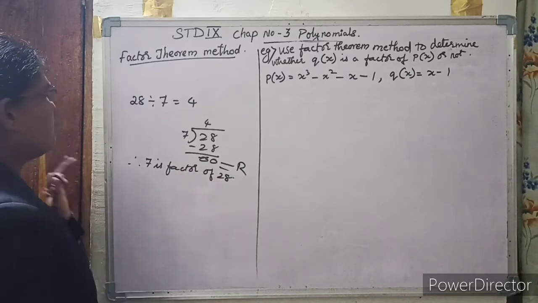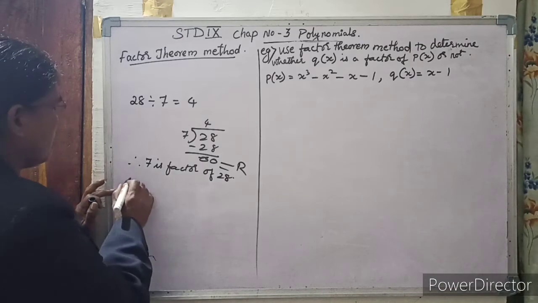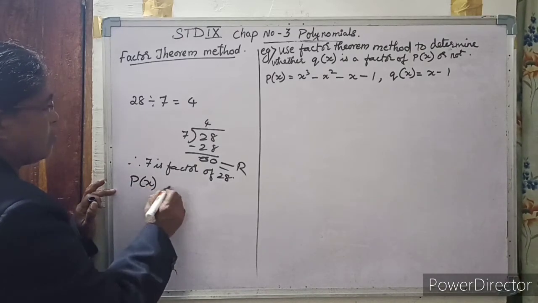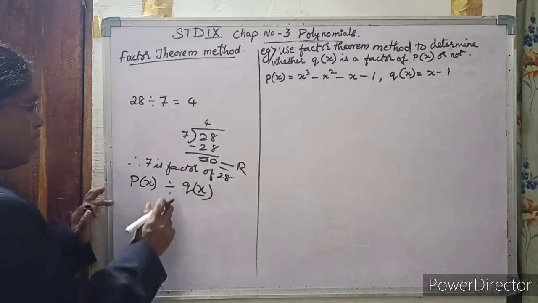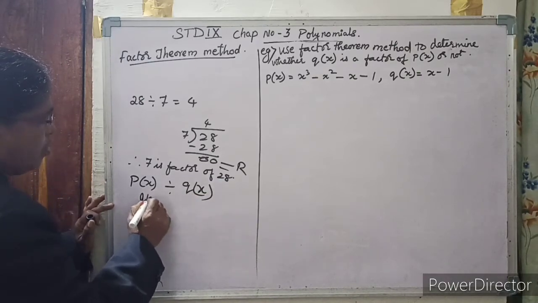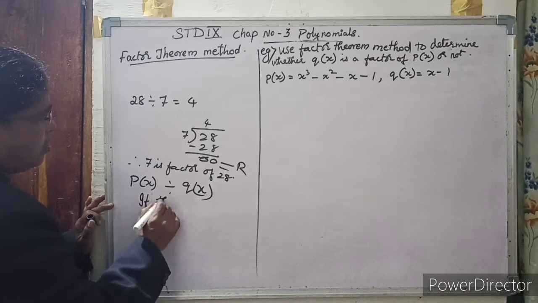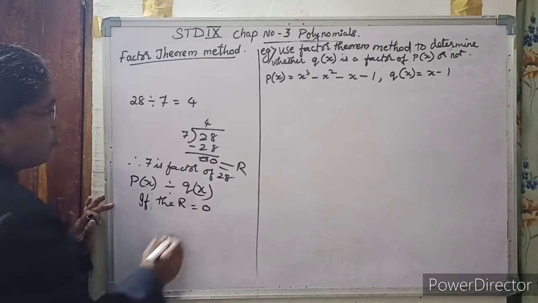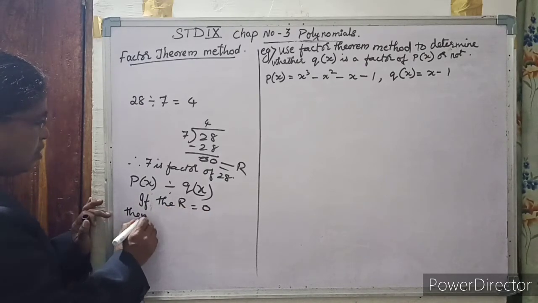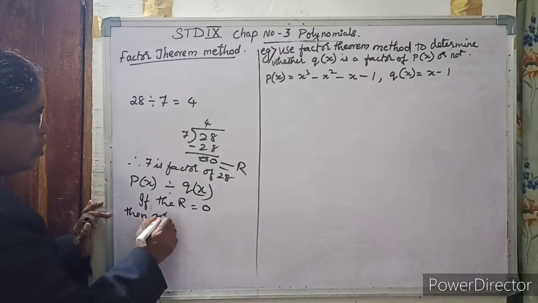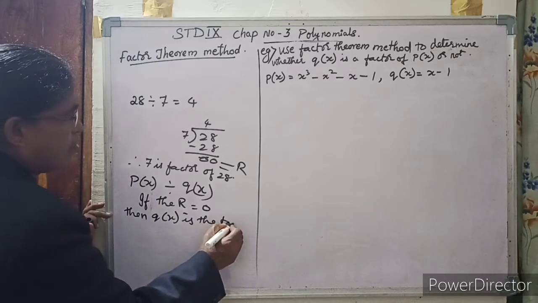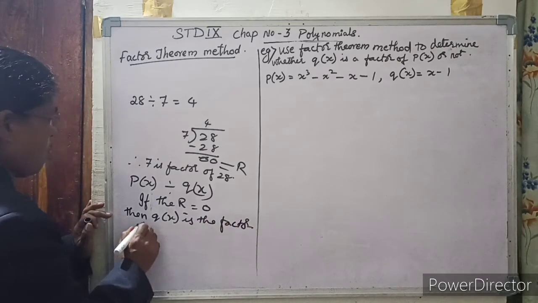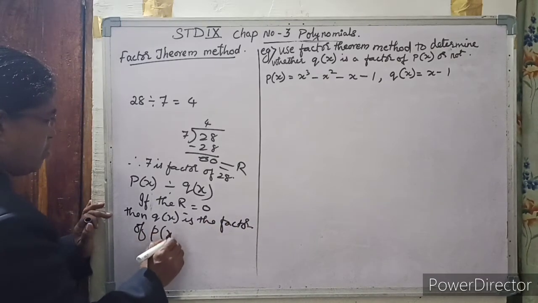In the same manner, if a polynomial p(x) is divided by a polynomial q(x), and the remainder is equal to 0, then we can say that q(x) is a factor of polynomial p(x).